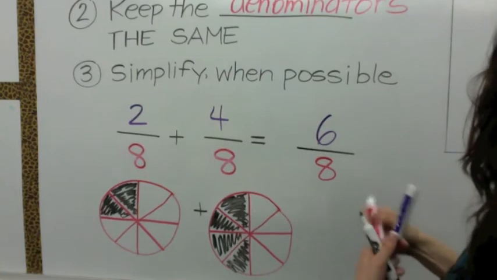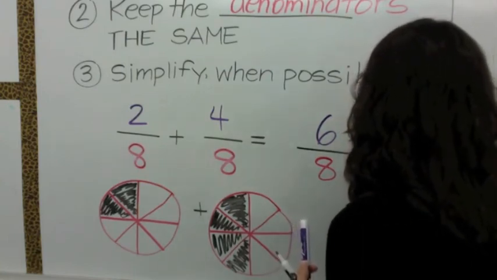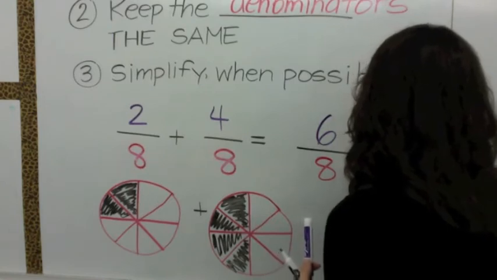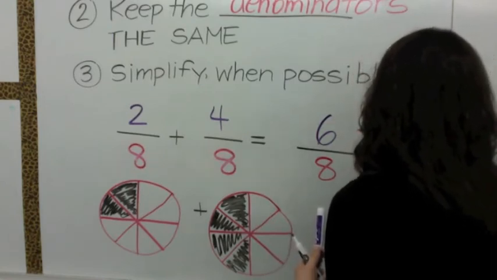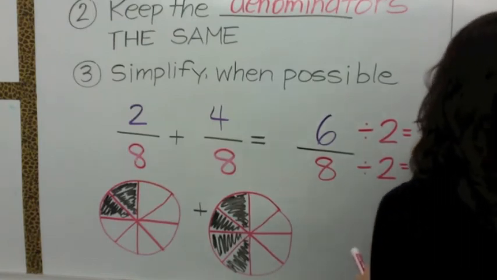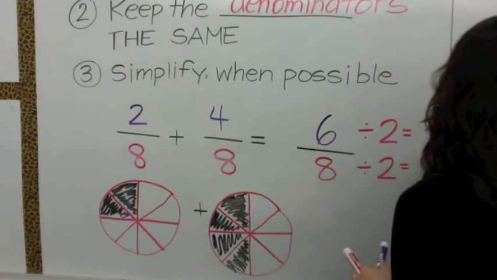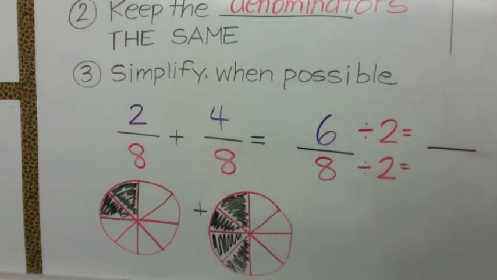So I'm going to put a division sign here. Divide by 2. Divide by 2. Are you with me? Then put 2 equal signs. Now it's going to give you a new fraction, okay? A fraction that is simplified, but they're really the same fraction. Think about it. What's 6 divided by 2? It's 3.